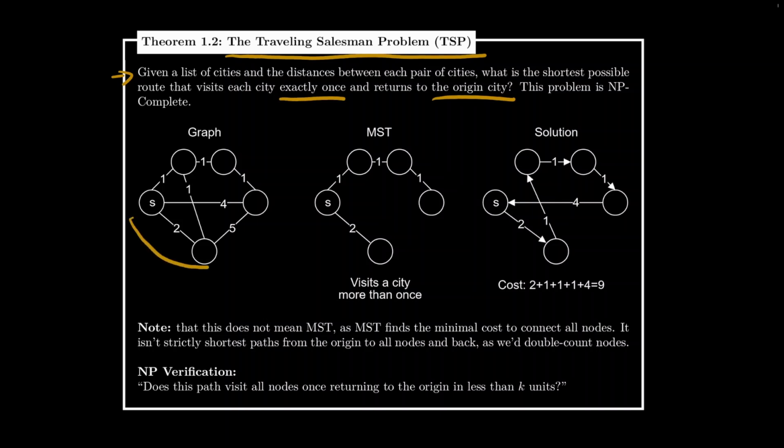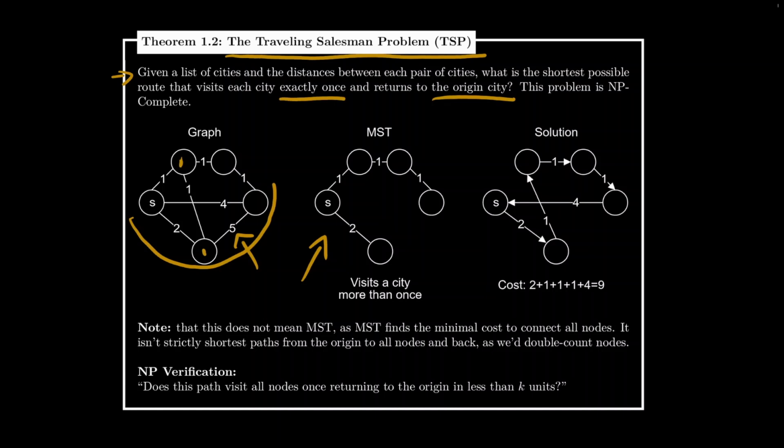So say we have this graph and we want to find the shortest path between all cities. These weights could be the distances. We want to visit each city exactly once. Well, we have other things in algorithms called the MST, the minimum spanning tree.